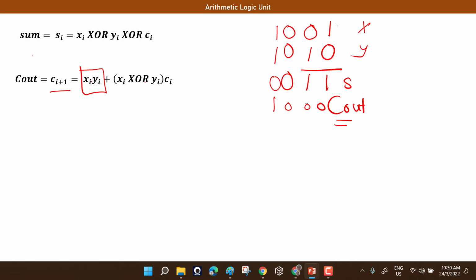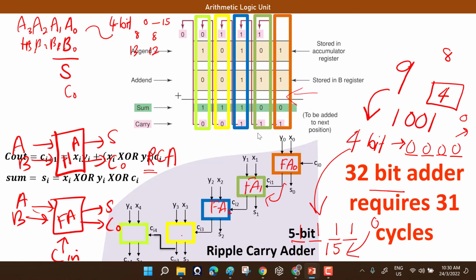Okay, so then x1 XOR y1, current of x and current of y, exclusive OR, multiplied by carry in. So when we do this at the first stage, there is no carry in involved. When we are dealing with the second cycle, look at the second cycle. Coming into the second cycle, it would require the input of the carry in.